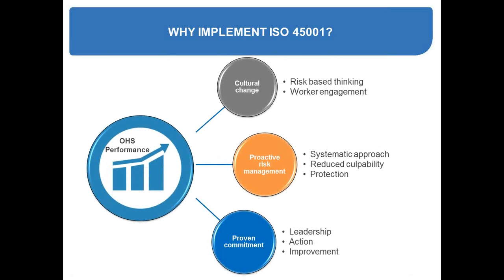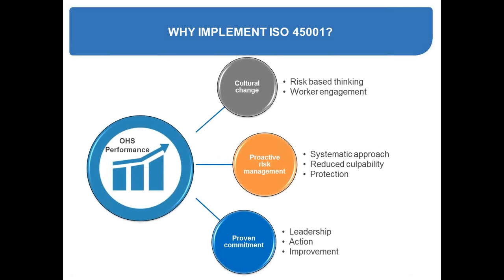So firstly, a quick overview of why implement a management system. We're looking particularly at 45001, but basically this includes any occupational health and safety management system. We're looking to achieve enhanced performance, hoping to deliver cultural change based on risk-based thinking and worker engagement.